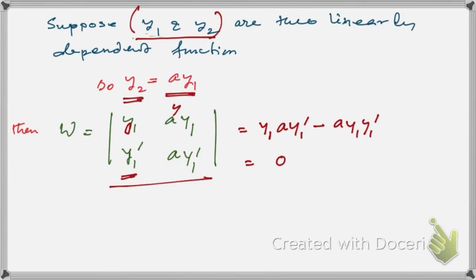Then here y2, then the first order derivative of y2. So here y2 is nothing but, as I have already mentioned, some non-zero multiple of y1, that is a y1 we have taken. Okay, so a is a non-zero number, right? a is not equal to 0.